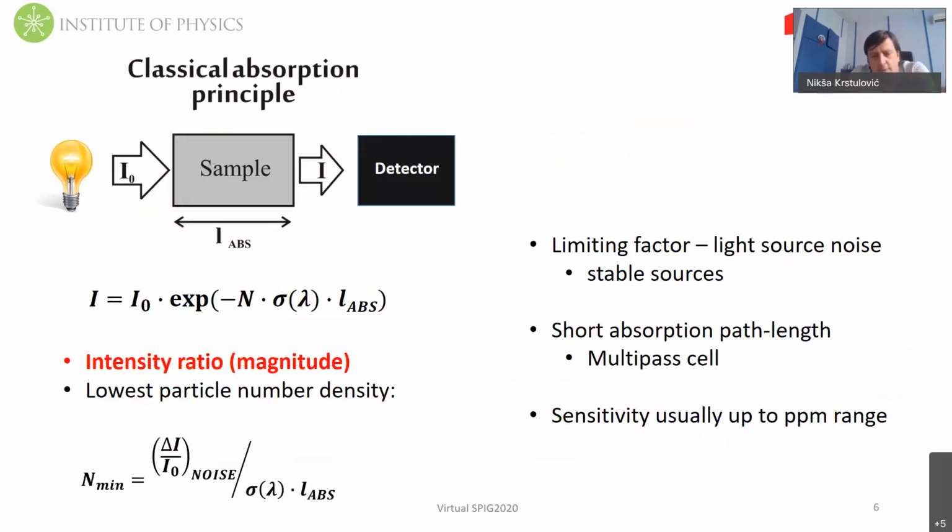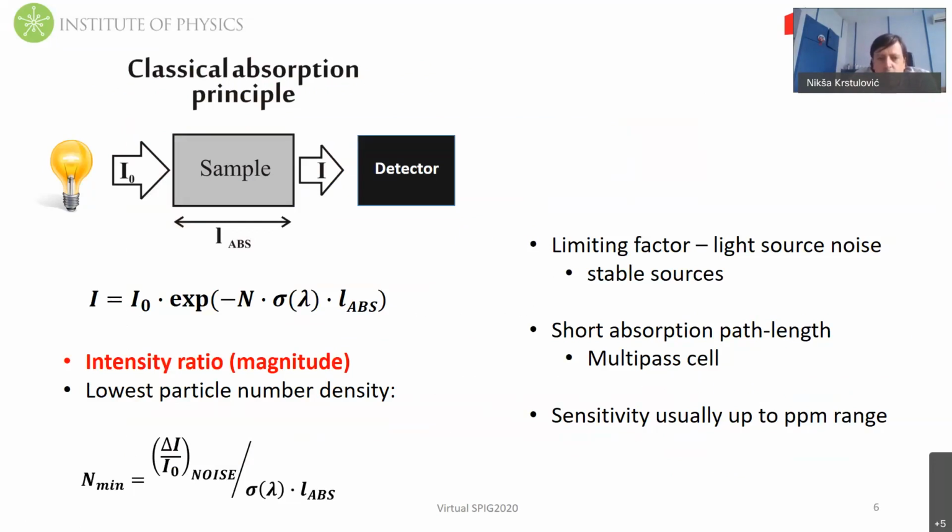So what's the difference between classical absorption and cavity ring down absorption? The classical absorption principle relies on measuring a ratio of intensities of incoming light and transmitted light, which is strongly affected by source noise.